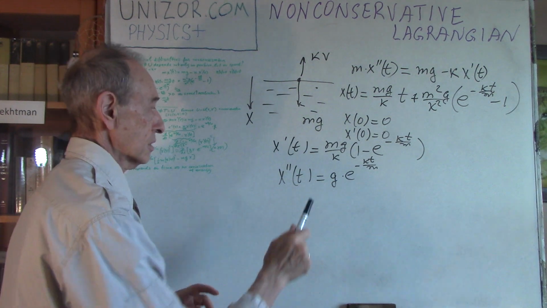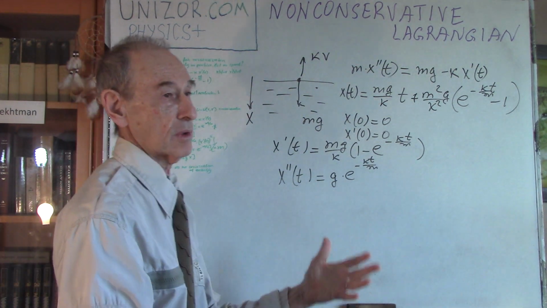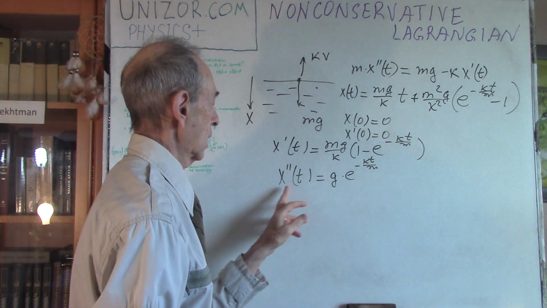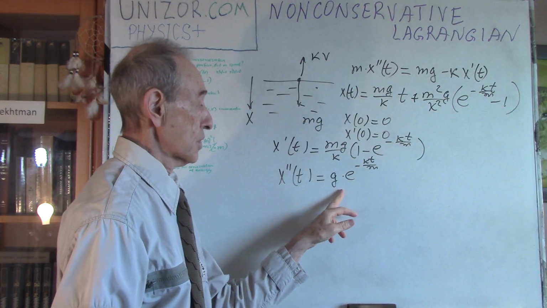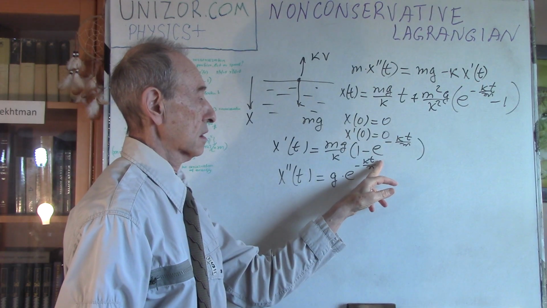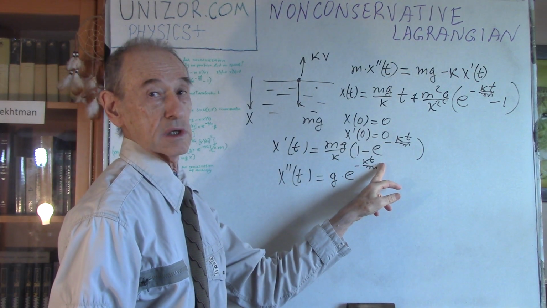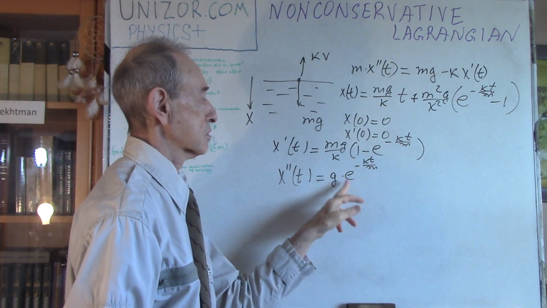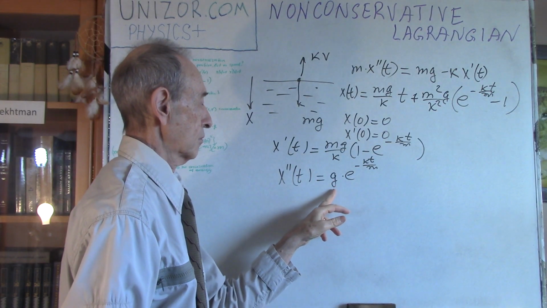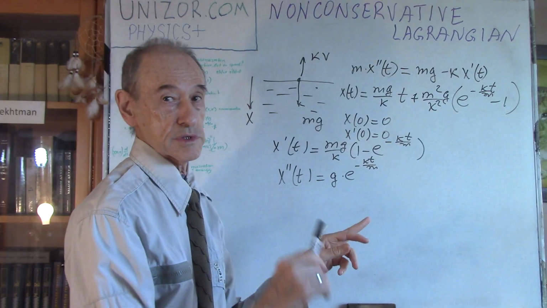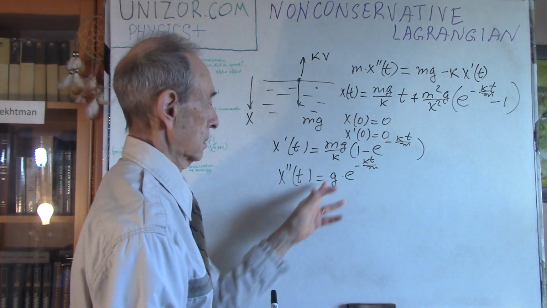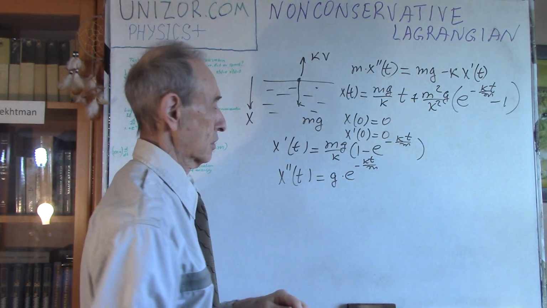But what we actually can do from it is draw some kind of logical conclusion. Look, acceleration is always positive, although with t going to infinity, this thing goes to zero. So my acceleration, while positive, is still going to zero, like a reverse exponential thing.